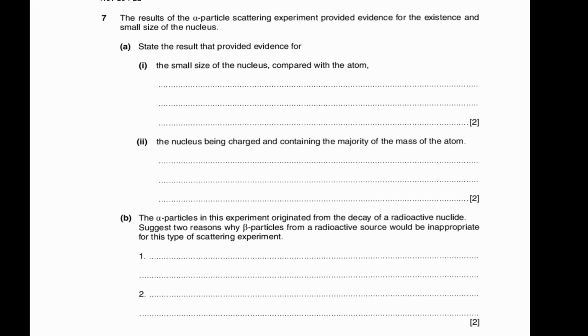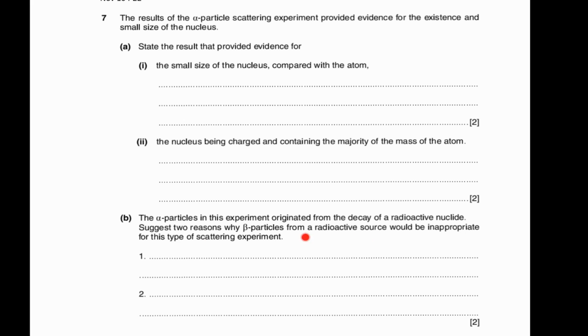So when they have equal mass, if the orbital electrons collide with the beta particles that you're sending in, there's a chance of them being stopped or deflected. So in other words, the beta particles wouldn't even stand a chance to come close to the nucleus. So if you cannot come close to the nucleus, how can you use it to investigate the nucleus? So that's basically what we're getting at.